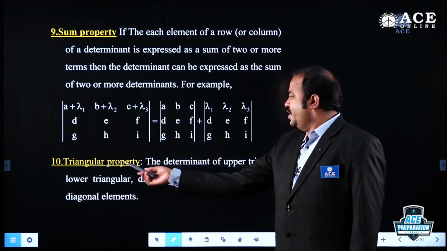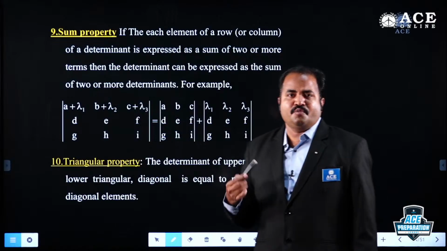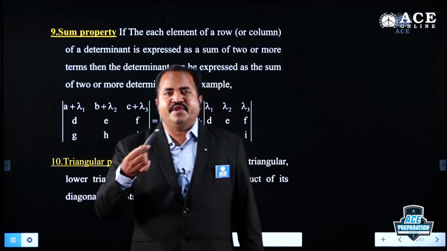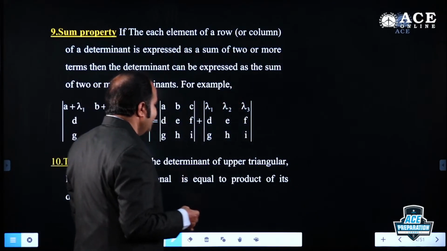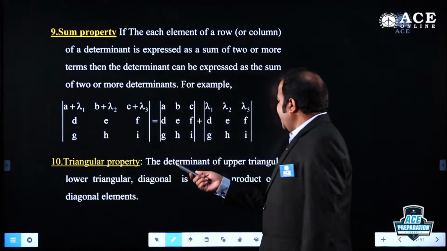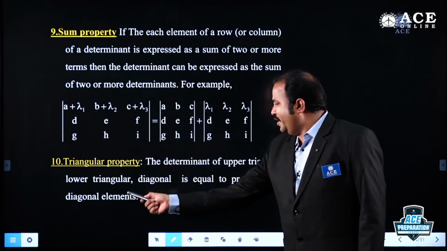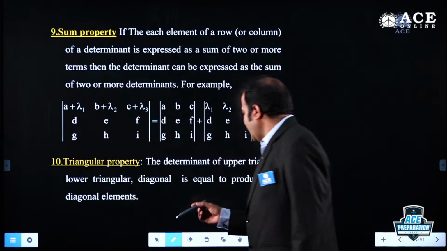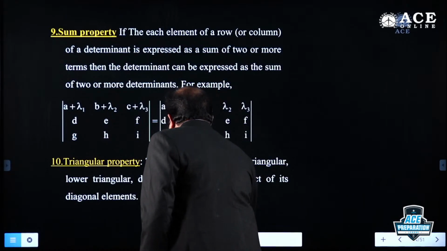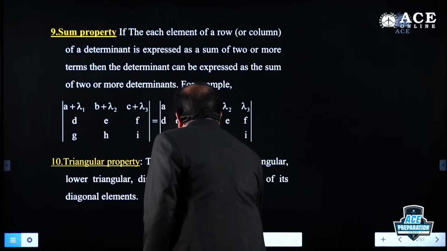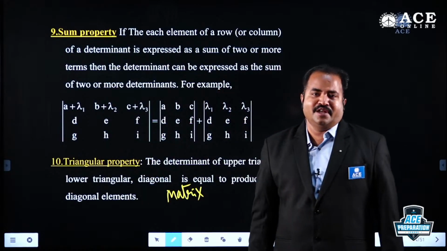Similarly, the 9th one is the triangular property. What is the triangular property? This property is used frequently while solving problems. The determinant of an upper triangular, lower triangular, or diagonal matrix is equal to just the product of the diagonal elements only.